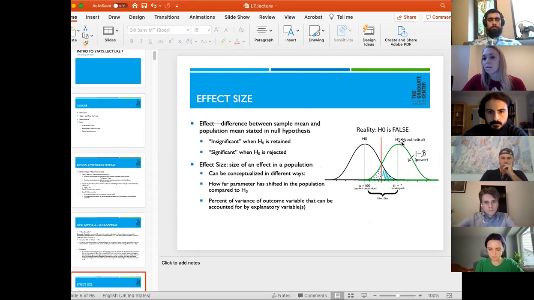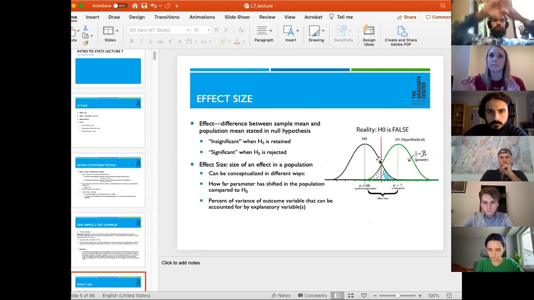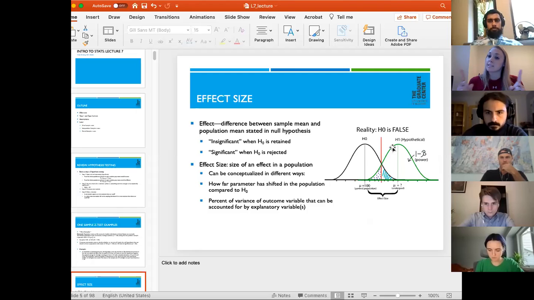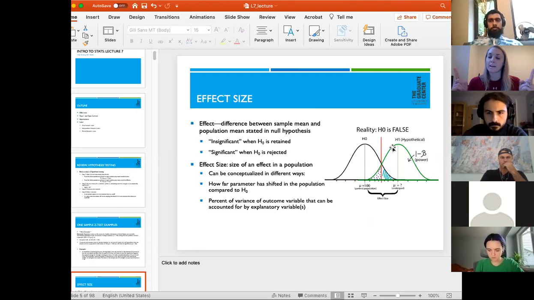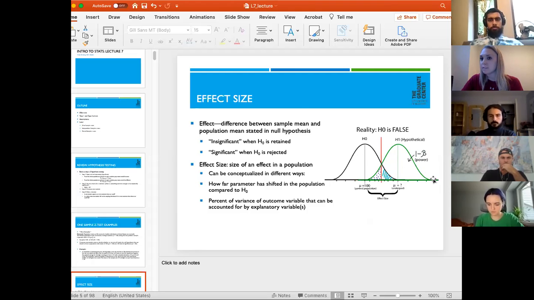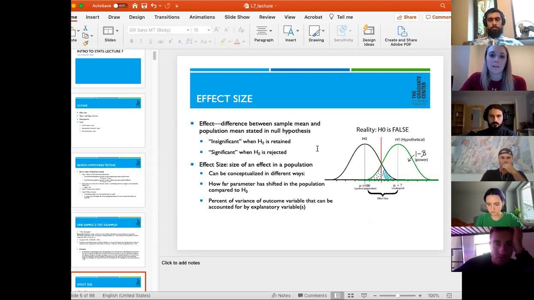This H1, think of this as our hypothetical alternative, where we're saying there is a difference between these two distributions. We calculate the distance between the means: how different our population mean is from our sample mean, presumably coming from this hypothetical different population distribution.